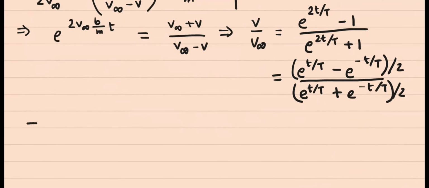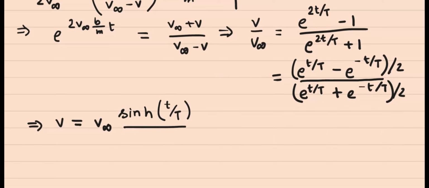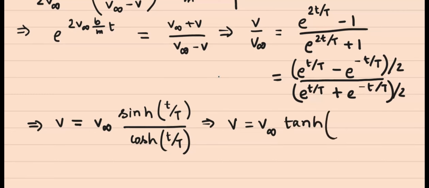So our solution gets even more simplified, and we end up with v equals v infinity, and then sine hyperbolic t over capital T, and then cosine hyperbolic t over capital T. Well, finally, v equals v infinity, and then we have tan hyperbolic t over capital T.